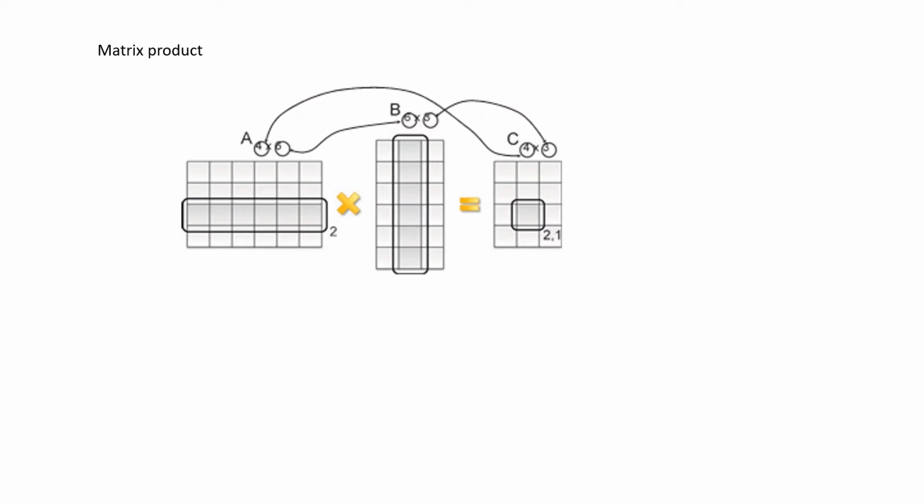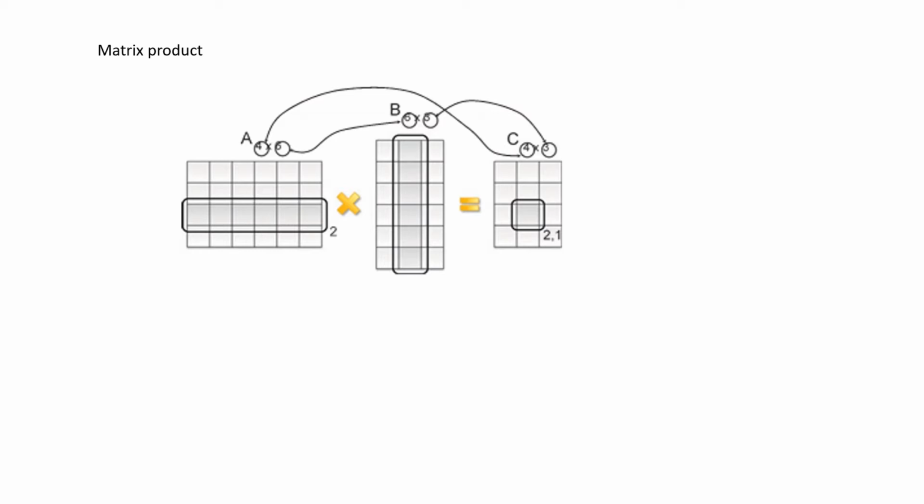The matrix product computes each element of the resulting matrix as a linear combination of the corresponding row and column of the first and second input matrices respectively. There are two conditions to be met in order to perform the matrix product. The first one is the input matrices must contain values of a comparable nature for which the scalar product is defined.